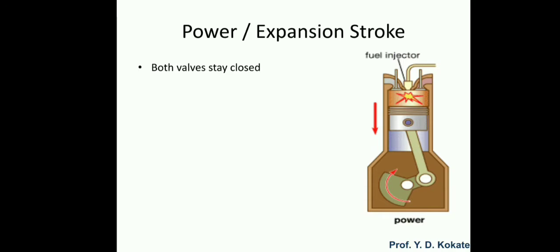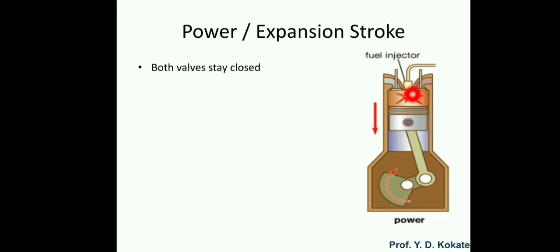Self ignition temperature is the temperature at which the fuel self ignites. The self ignition temperature of diesel is low as compared to the temperature present inside the chamber. So inside the chamber the temperature is very high and the diesel self ignition temperature is low, so it directly combusts. It does not need any kind of spark.